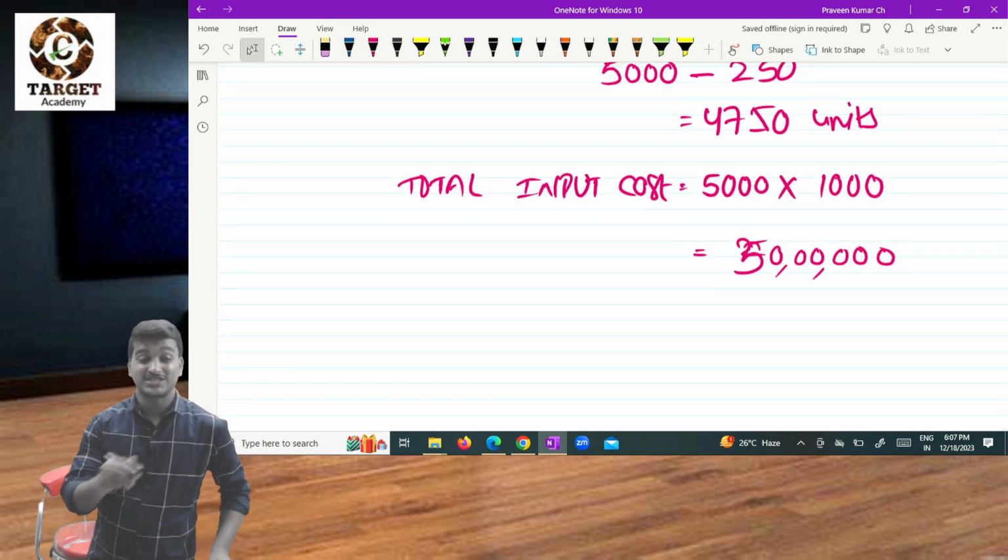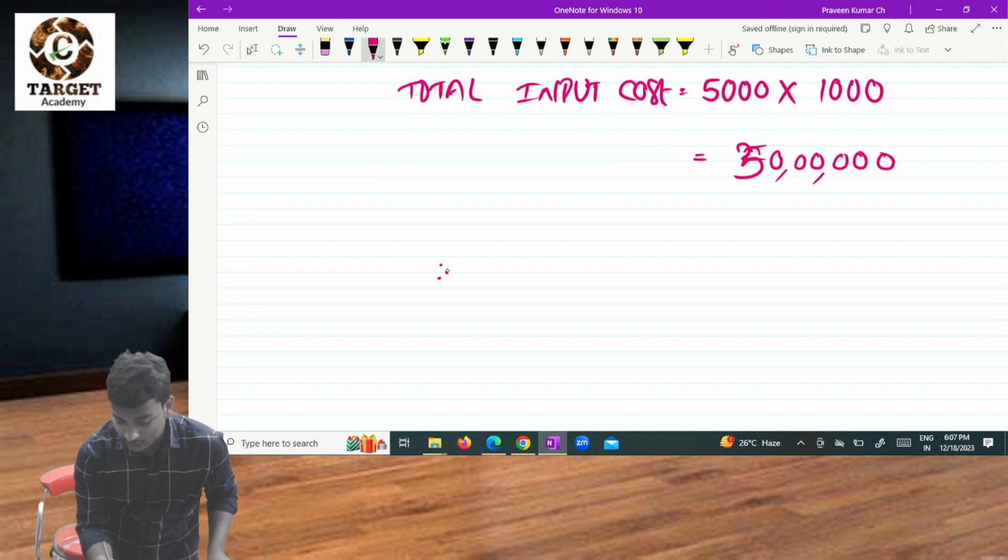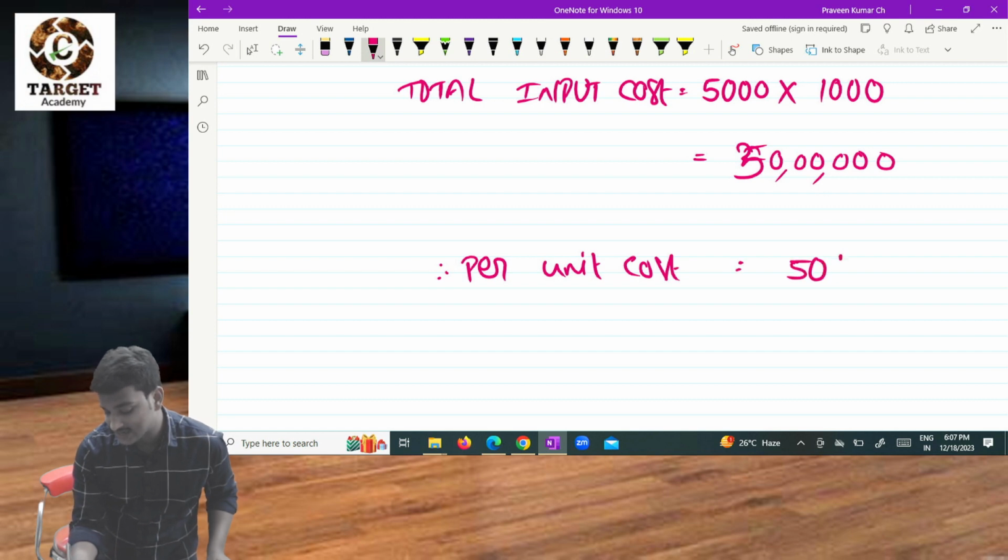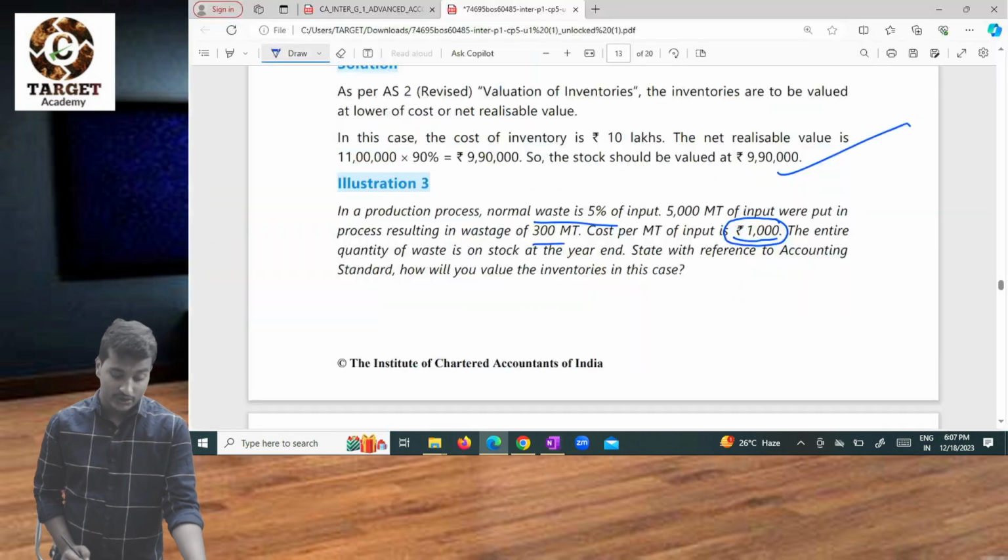So total cost is 50 lakh, therefore per unit cost is 50 lakhs divided by how many units, sir? 4750.